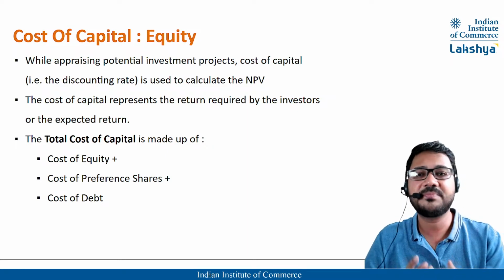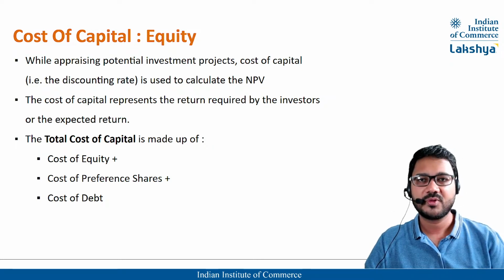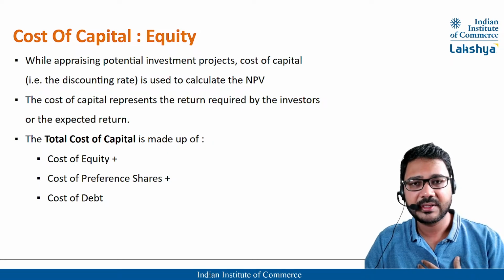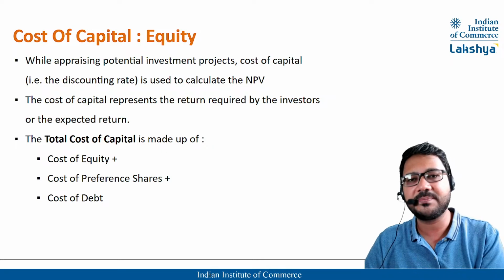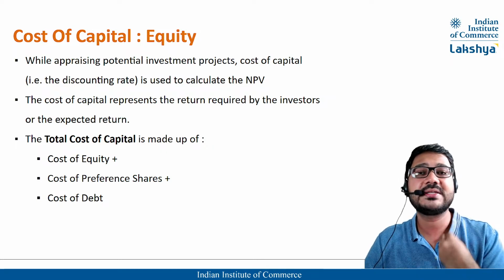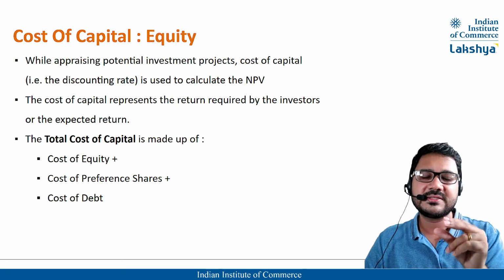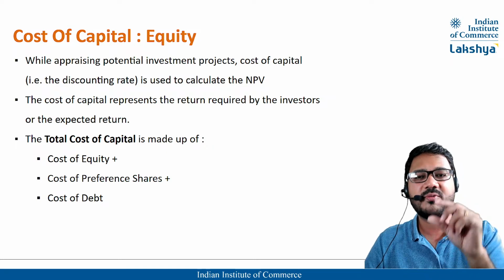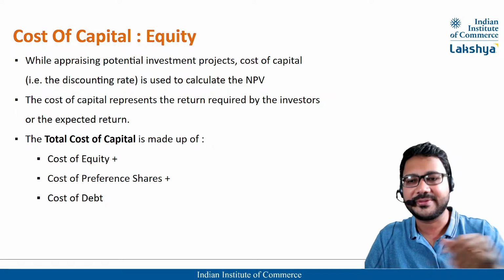Similarly, if you think from a company's point of view, when a company borrows money, it is a cost of capital for the company, but for the investors who have given money to the company, it is return. So cost of capital is equal to your required return or expected return, because they are two different sides of the same coin.